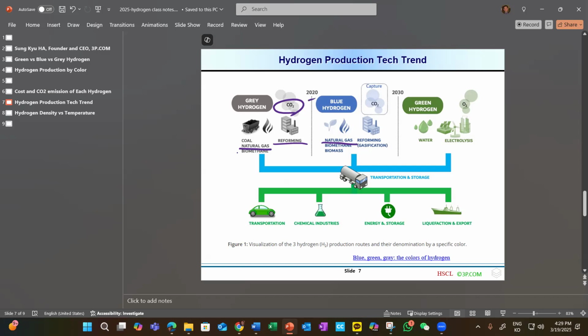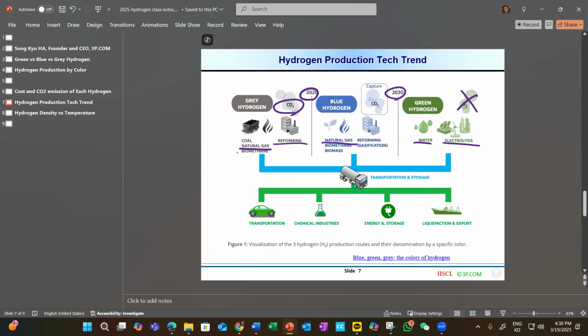Between 2020 and 2030, by 2030, we aim to establish our method of green hydrogen: from water through electrolysis, with the energy source of wind turbine blades and solar cells, we can eliminate CO2 emissions.